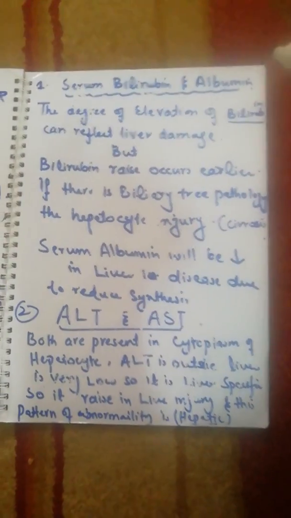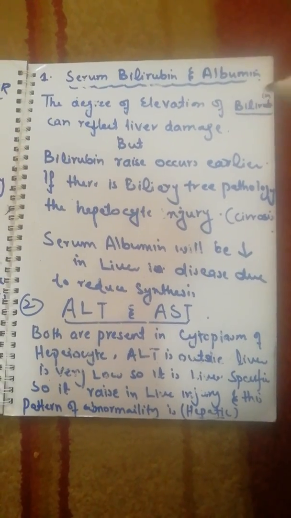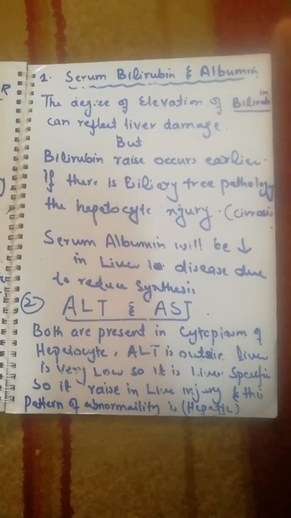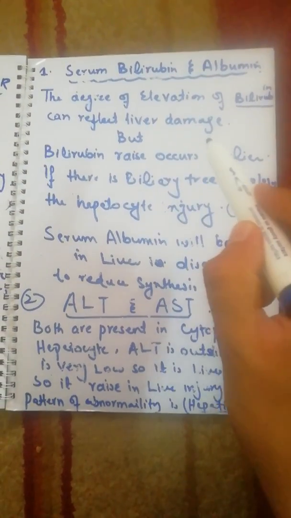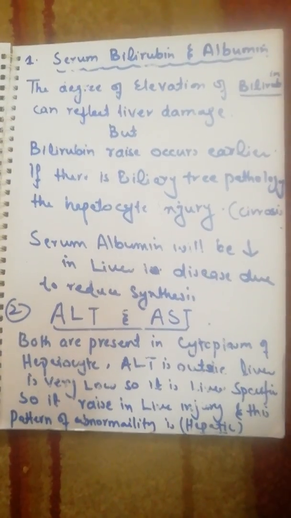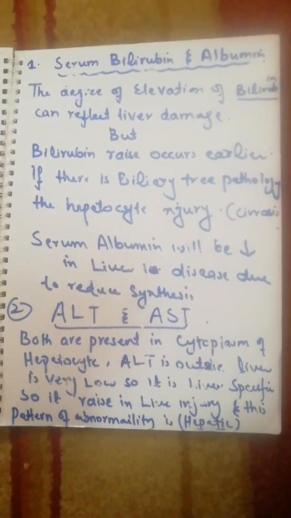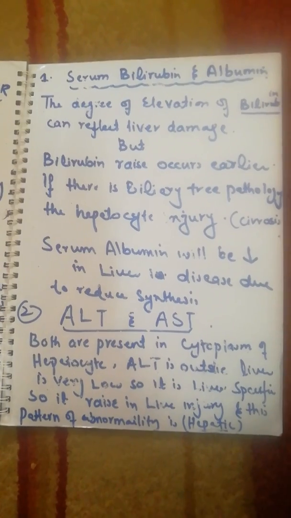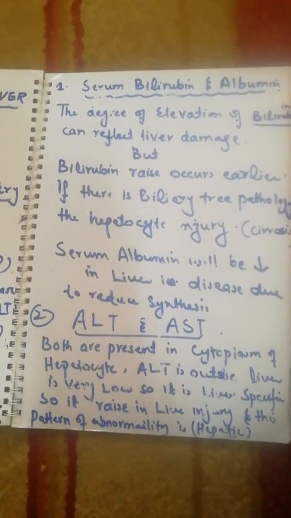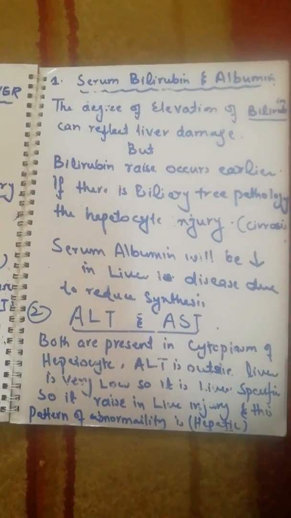Now let's come to the serum bilirubin and albumin level. The degree of rise in bilirubin level can reflect liver damage, but keep in mind that bilirubin rise will occur earlier if there is biliary tree pathology, meaning if there is a problem or injury in the biliary tree.